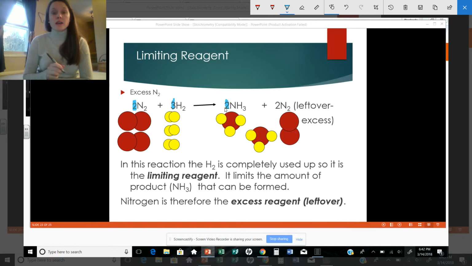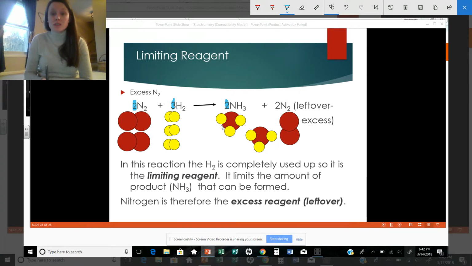Okay, and if you come back over to the reactant side, looking at the reactants, you can see why. Even though you had enough nitrogen to make more ammonia, you still only had enough hydrogen to make 2 moles of ammonia.